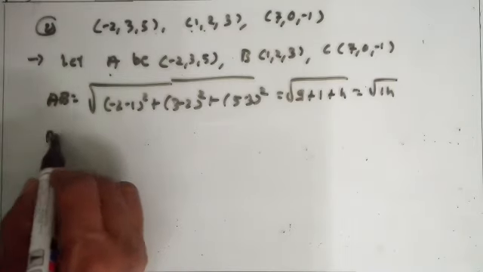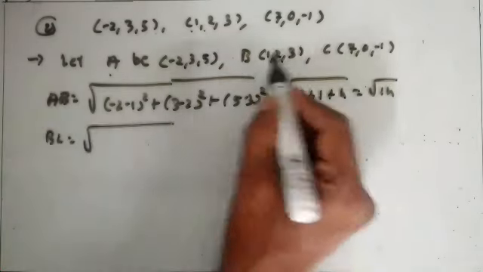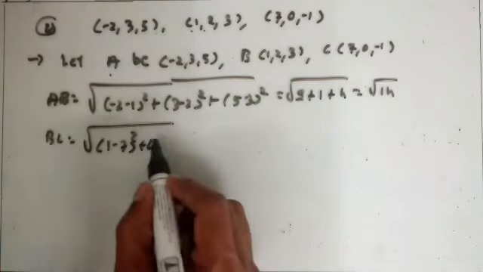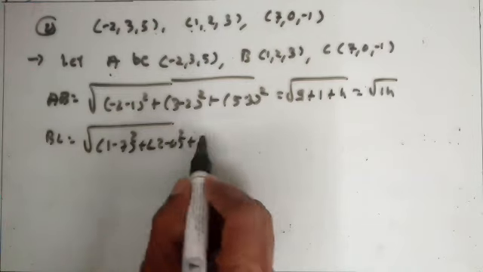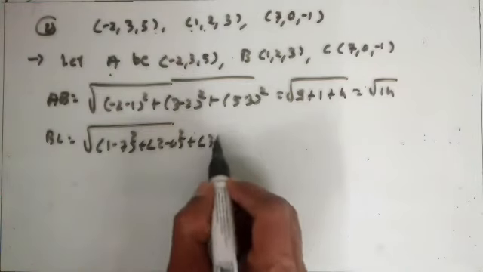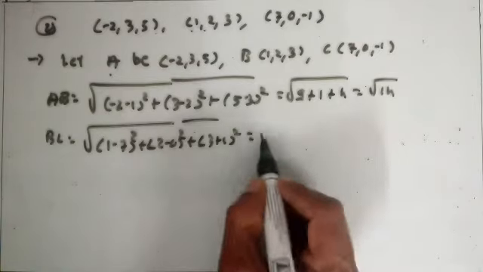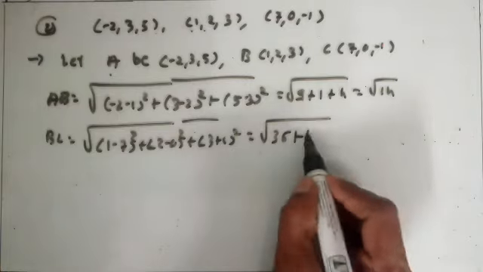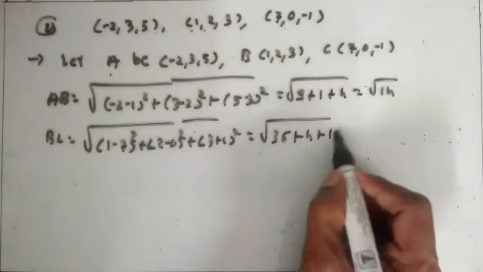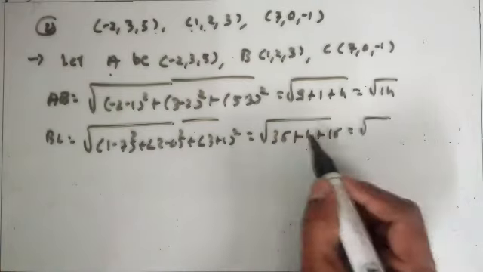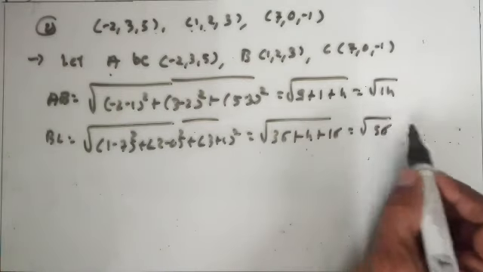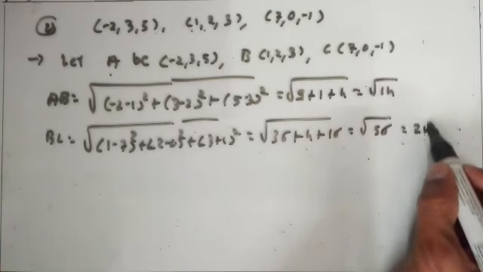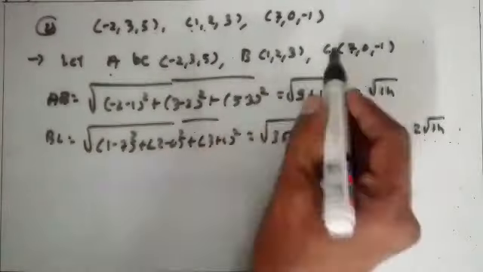Now find BC. So BC is equal to root of 1 minus 7 square plus 2 minus 0 square plus 3 minus minus 1 square is equal to root of, here 6 square is 36 plus 2 square is 4 plus 4 square is 16 is equal to root of 56 is equal to 14 into 4. Square root of 4 is 2, so 2 root 14. Now find AC.